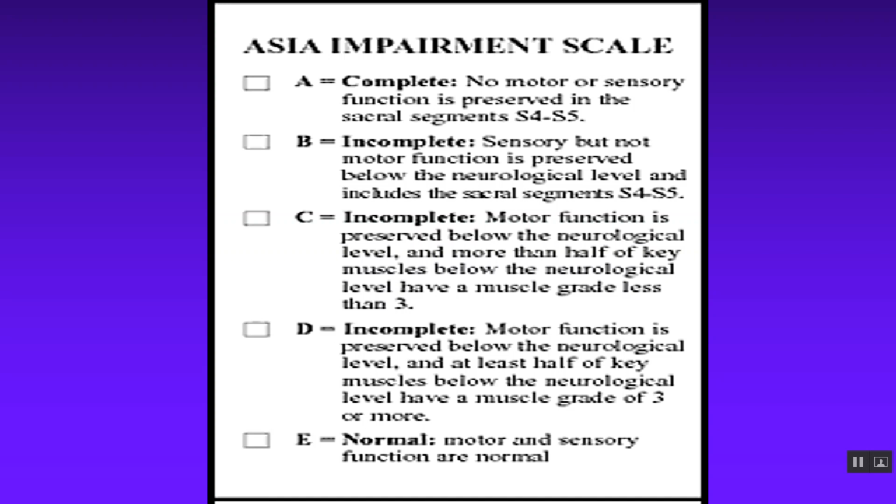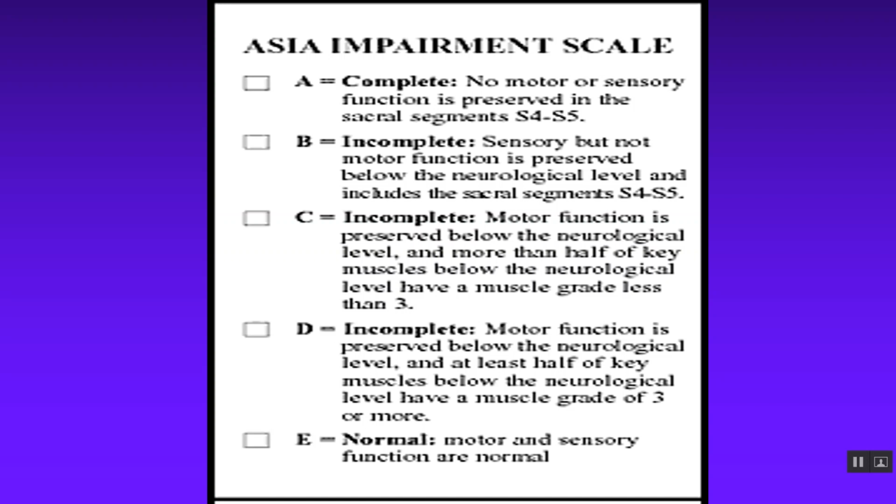B is incomplete: you have some sensory function, but no motor function is preserved below the neurological level of injury, and this includes the sacral segments. They have some sensory function preserved below the level of the lesion, including the sacral segments. C is also an incomplete. In an incomplete C, motor function is preserved below the neurological level.